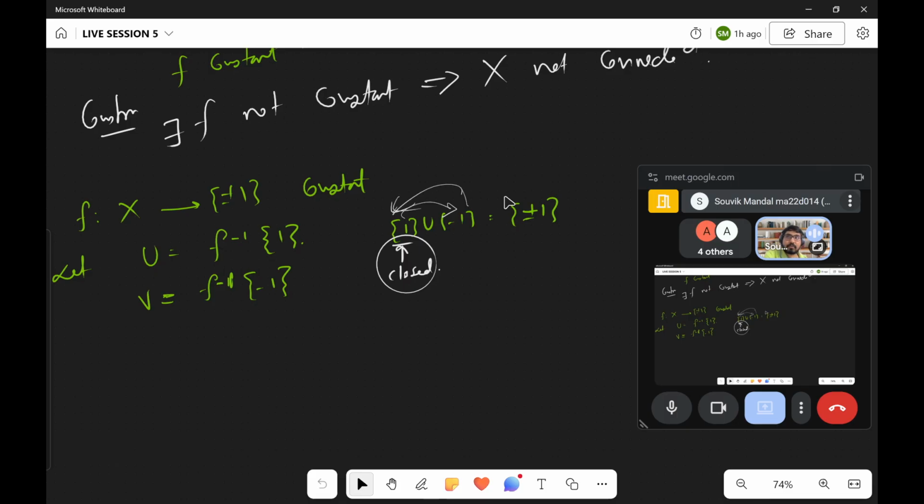So that's why both singletons at plus and minus one are open. Is it clear? Singletons are closed, so their complements are open. So that's why plus and minus one both are open. So u and v both are open sets.